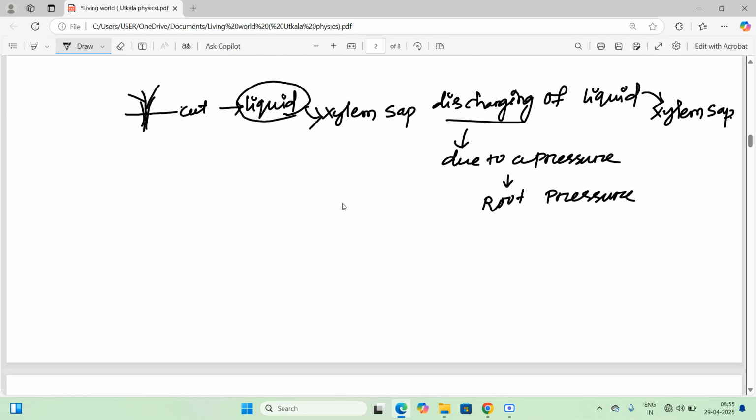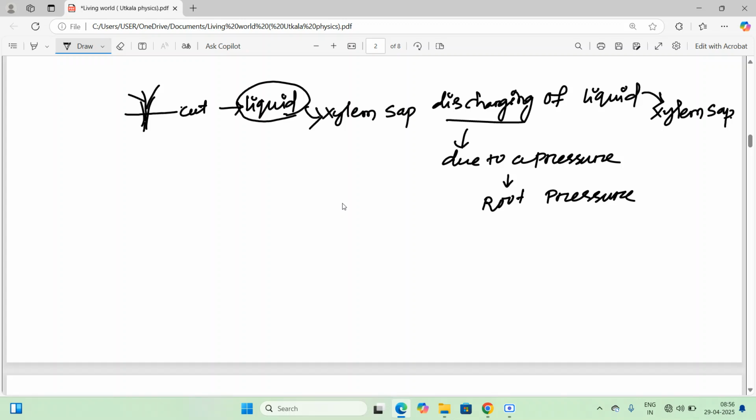One force acts to push the water in the xylem. That is a force. The root pressure can be as high as 0.5.